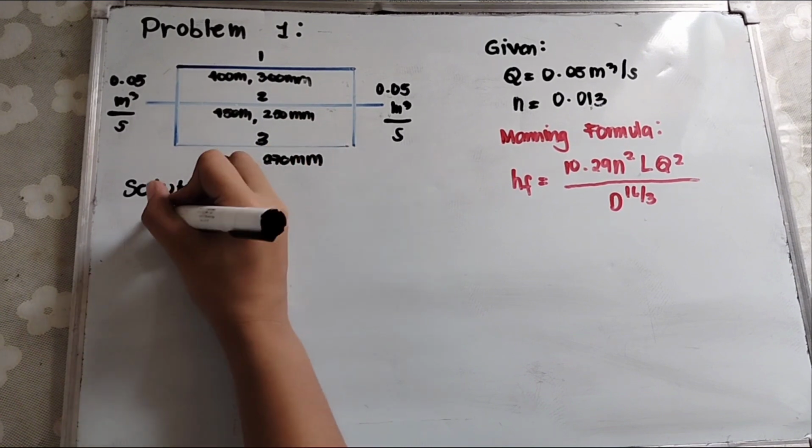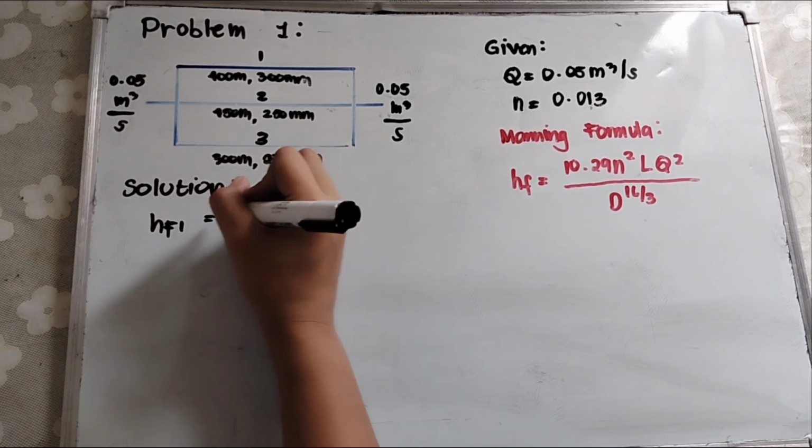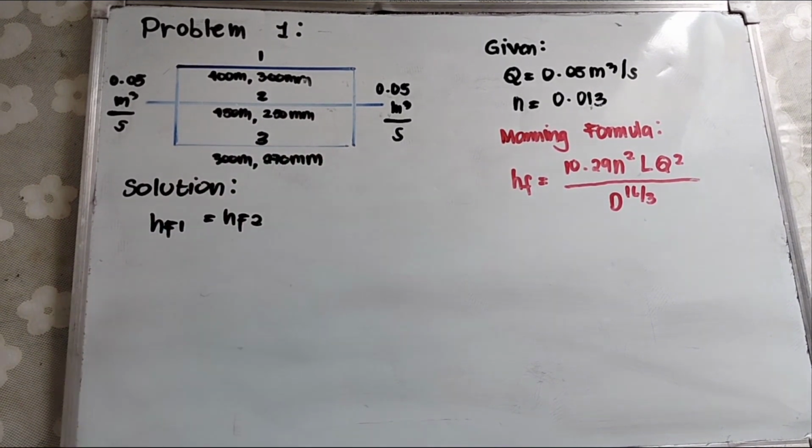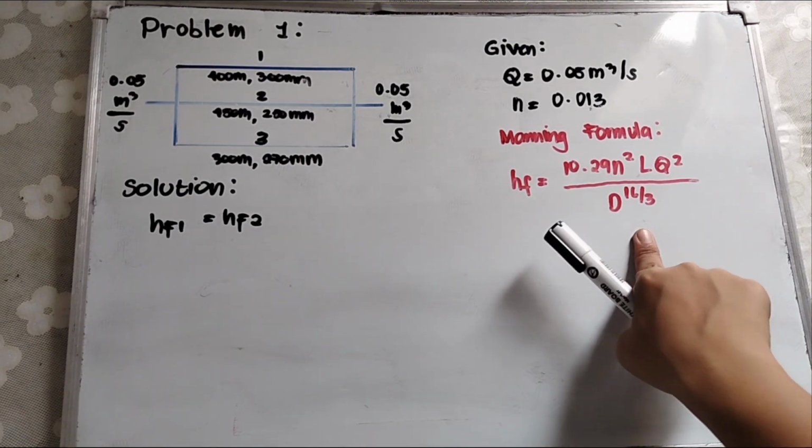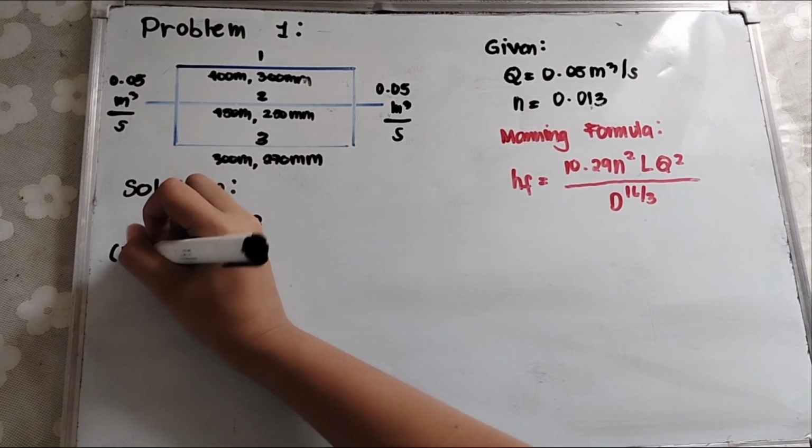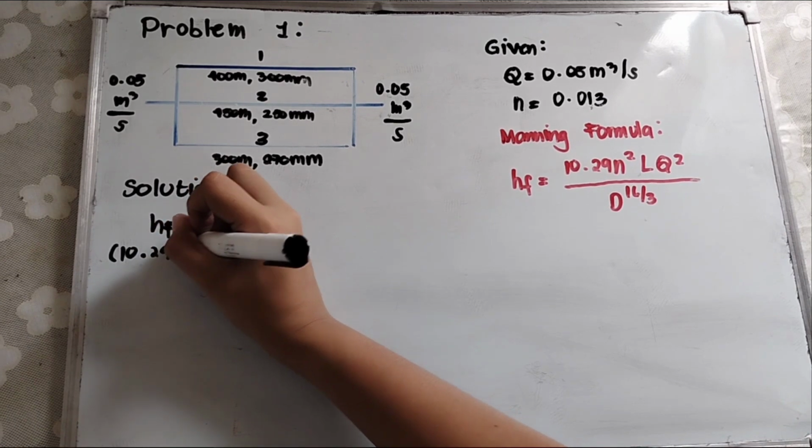To solve this problem, we'll just need to use the same concept, in which the head loss at pipe 1 is equal to the head loss at pipe 2. Now, we can substitute everything using the Manning formula.